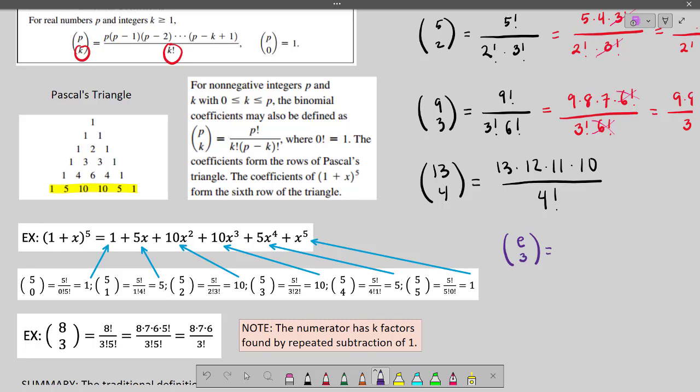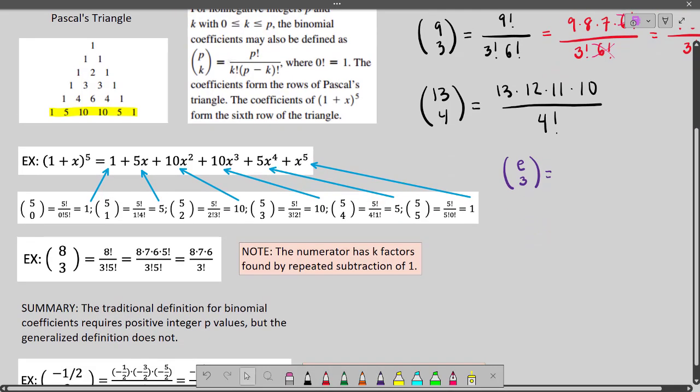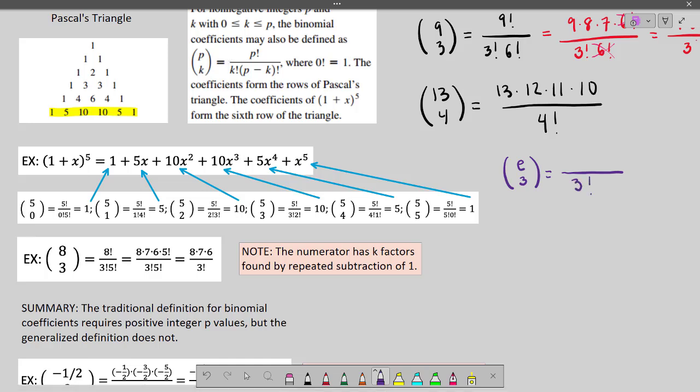That's the origin of it: a bag of 5 balls, pick 2 out at a time. But this, we can define it though. The bottom number gets factorialed, and in the numerator we do repeated subtraction of 1 until we have the lower number of factors, until we have 3 factors. So we can now do that.